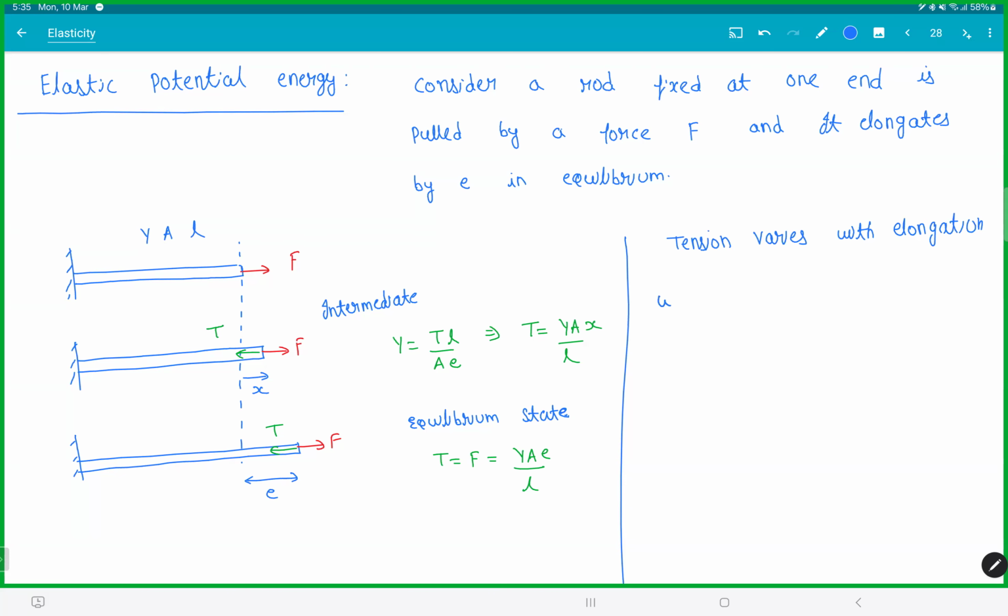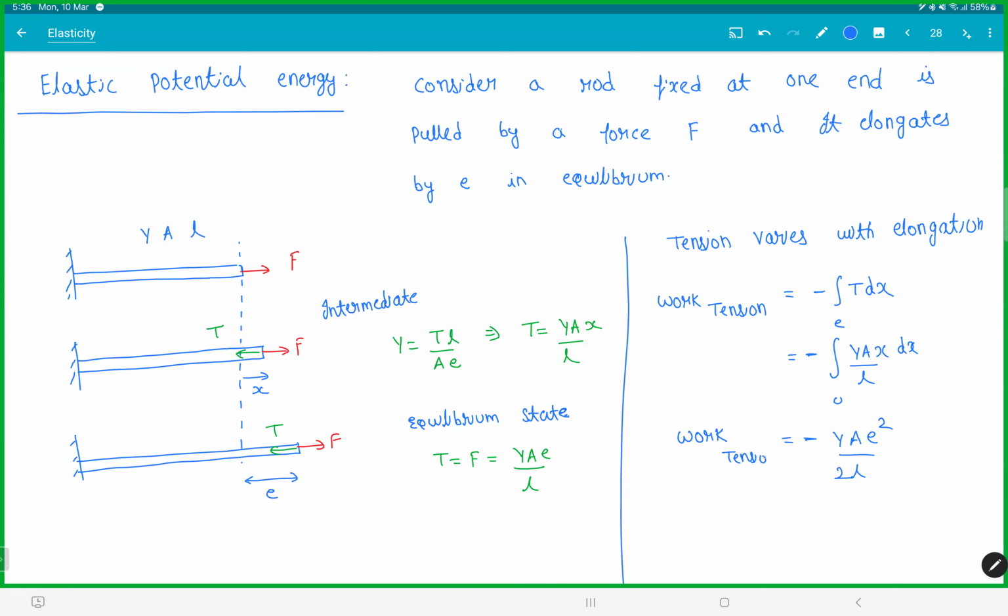If I ask you work done by tension, you cannot directly say tension times displacement, you have to integrate. This will be minus because tension is backward and the elongation is forward. This would be minus the integral of YAX dx by L from 0 to E. This would be minus YAE square by 2L. This is work done by tension.